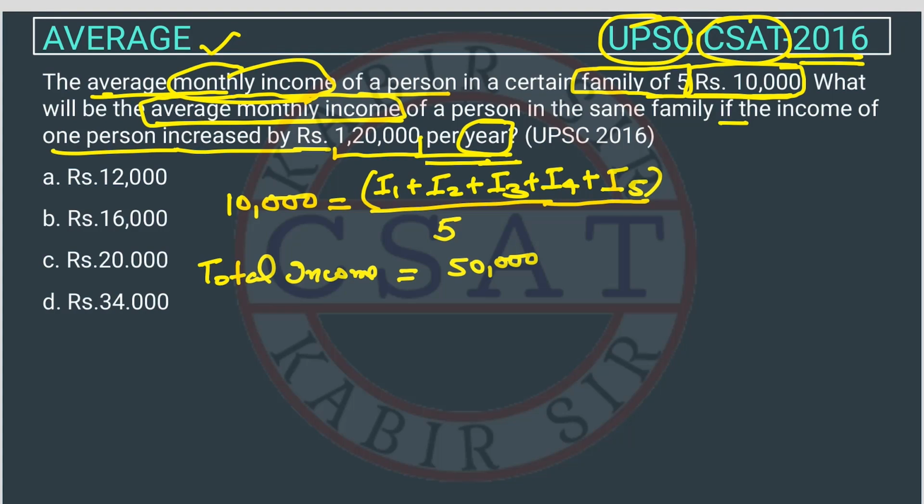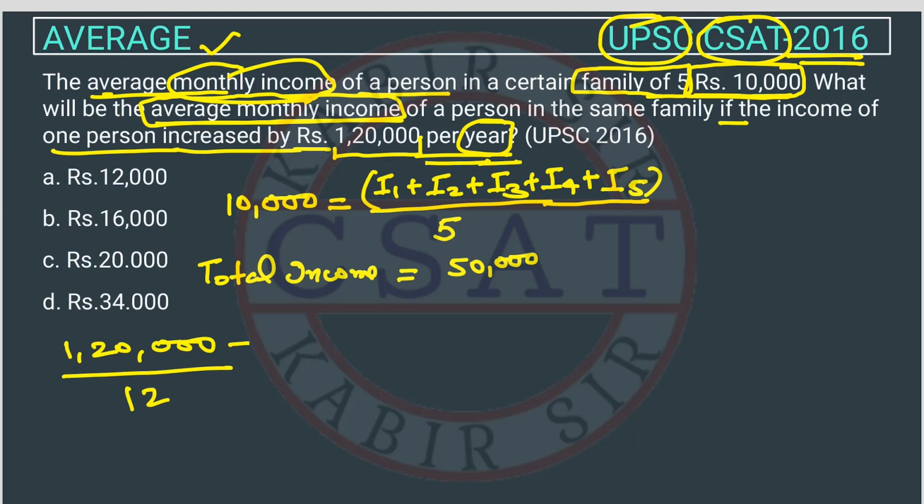Okay. Now what happened? That one person's income got increased by how much? 1,20,000 per year. So income increase is 1,20,000. In 1 year we have 12 months, so what's the salary increment for 1 month?